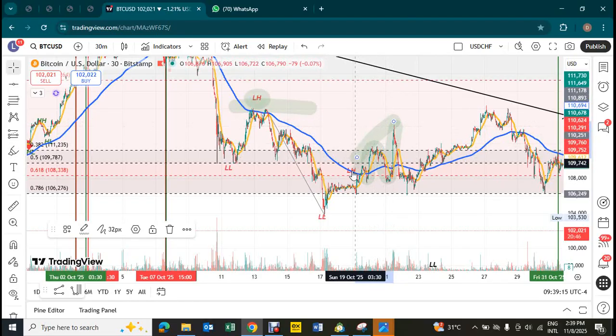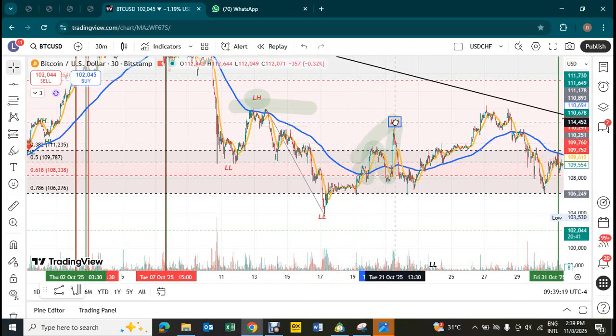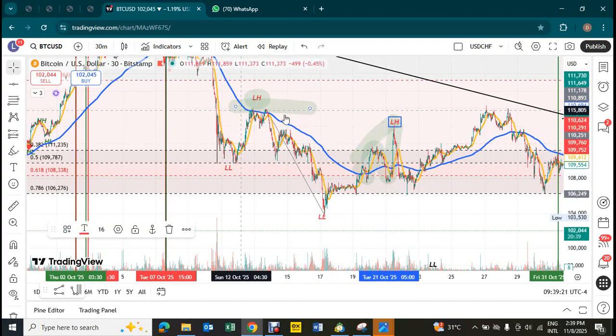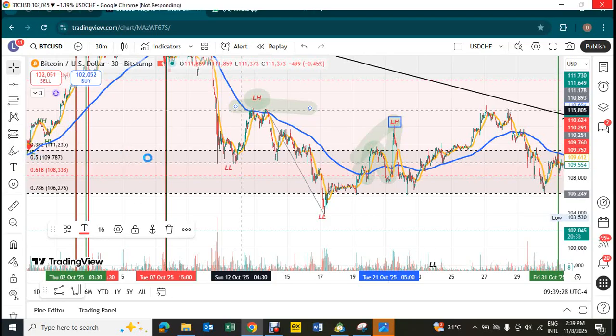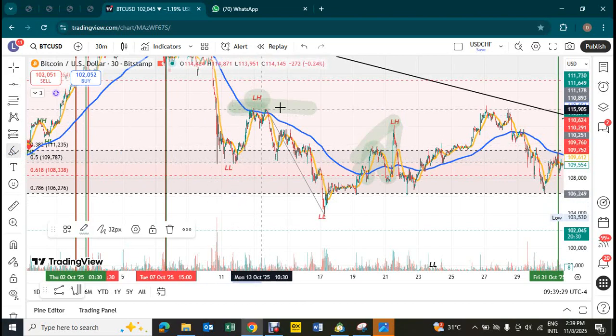You can call here an LH, you can call here an LH, as long as price is not coming to break this level. You are still very much in the zone of lower high.